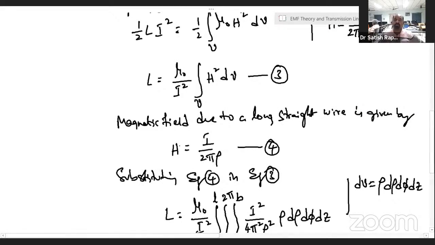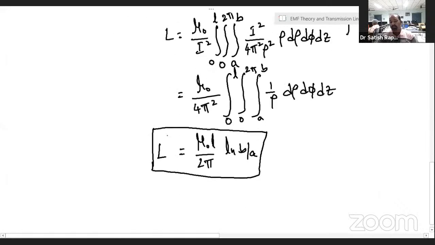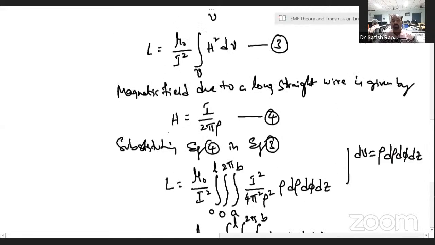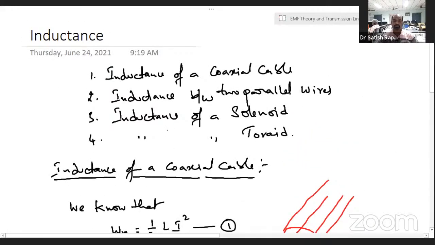Equation 4 is nothing but the magnetic field due to a long straight wire, which we have taken directly, because a coaxial cable is nothing but a long wire. That expression is substituted in equation 3 and integrated accordingly, and you will get the answer. Very simple.